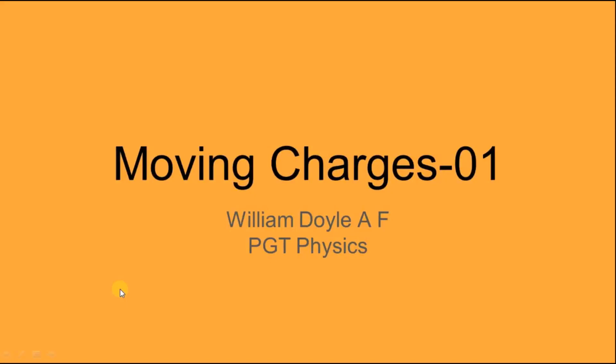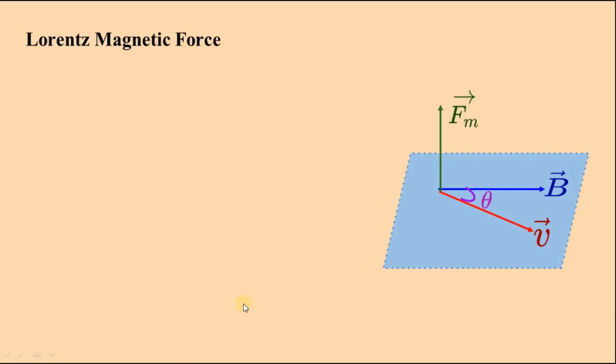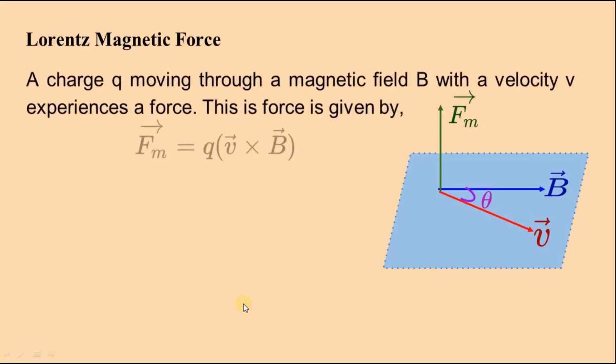The force experienced by a charge moving in a magnetic field is called Lorentz magnetic force, and the force is given by F equal to Q into V cross B, where V is the velocity and B is the strength of the magnetic field.